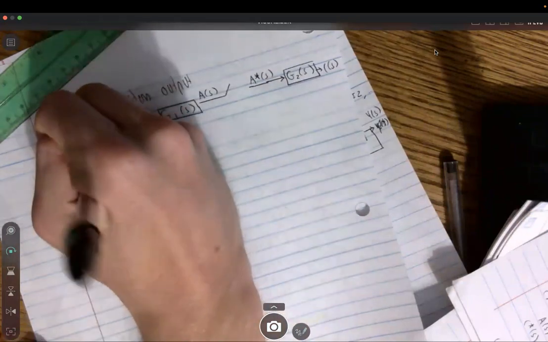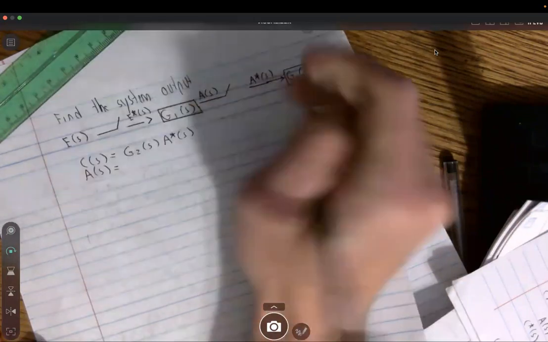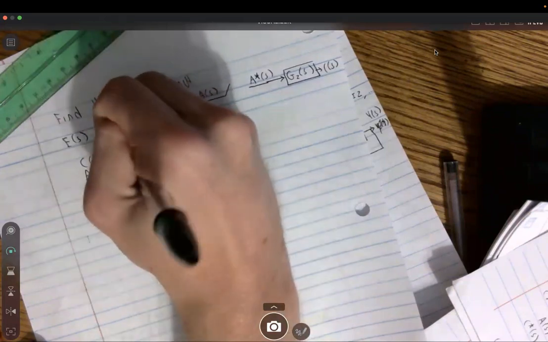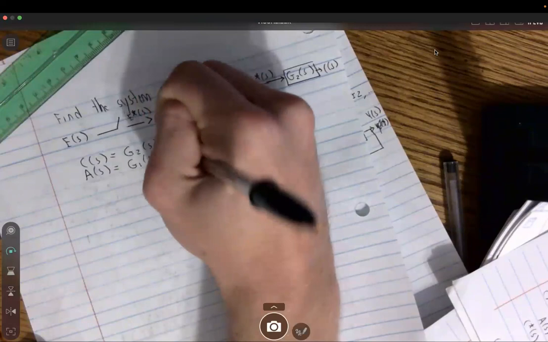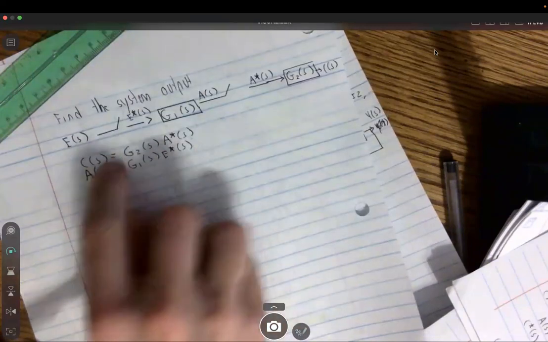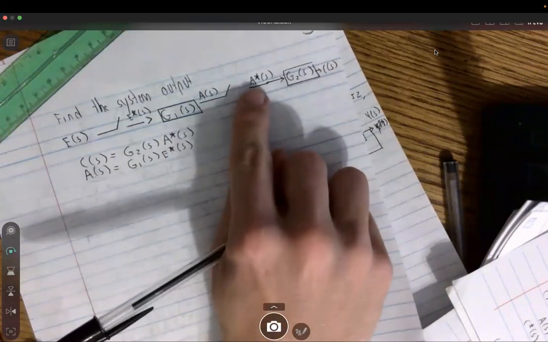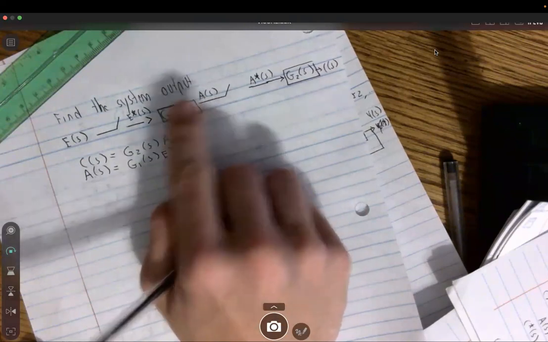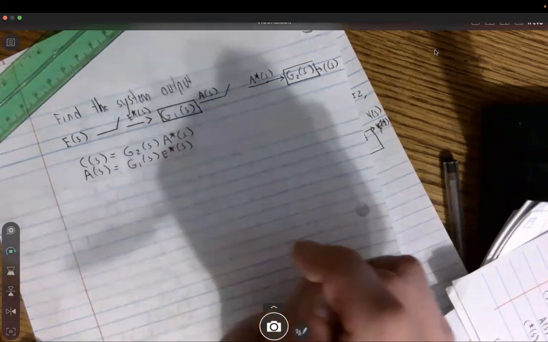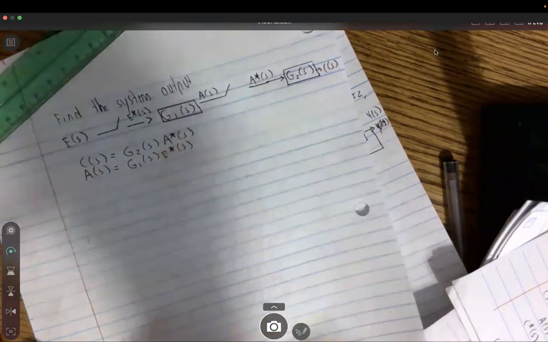So A of S is equal to G1 of S times E star of S. So those are two equations. You form one for your output in terms of the output of a switch, and you form another equation for the input to a switch in terms of what you have coming at the output of another switch. And so that's what we have here.